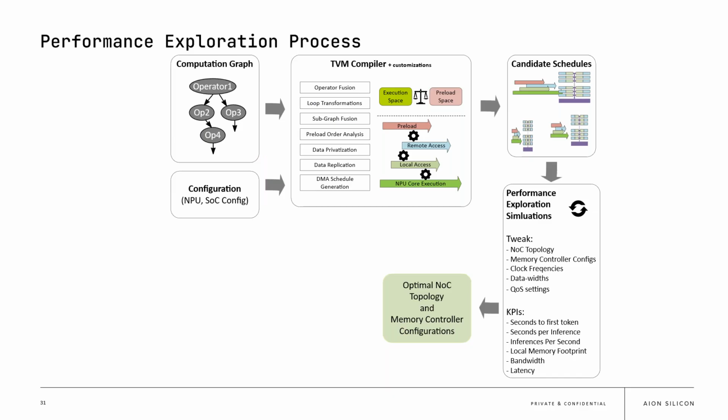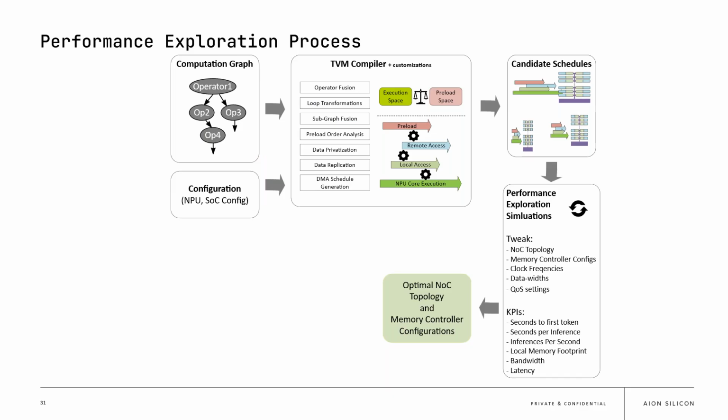Such a graph is then analyzed by an AI compiler, which performs several transformations and analyses to work out the best partitioning of your execution and preload space, the trade-off in terms of sizes between the two, and the best ordering of your preload transfers, your remote accesses, your local accesses, and also the execution activity of each core.